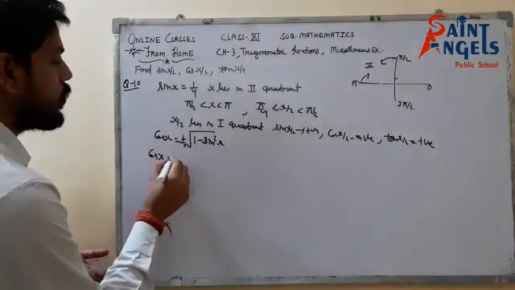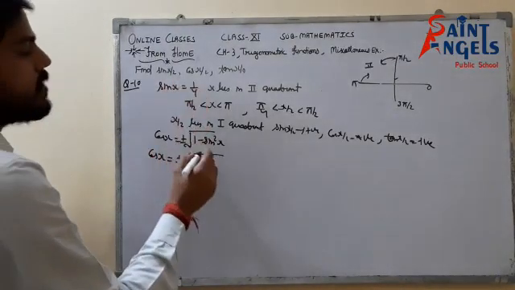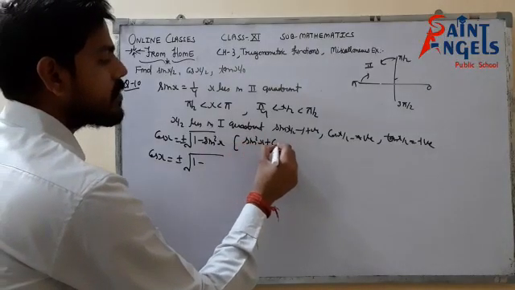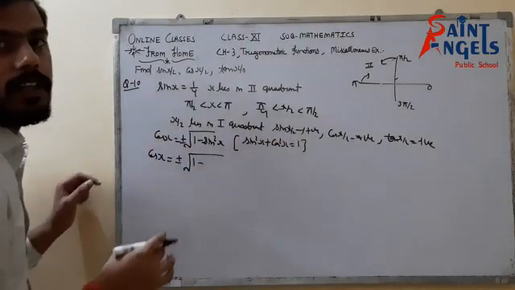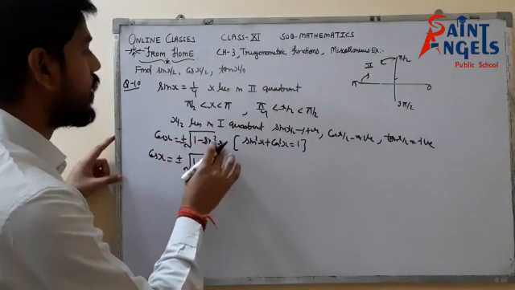This is because sin square x plus cos square x equals 1. So cos x would be plus minus under root of 1 minus sin square x.